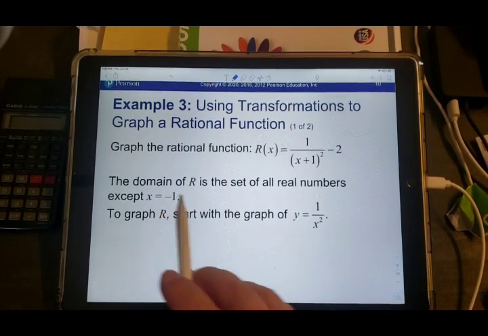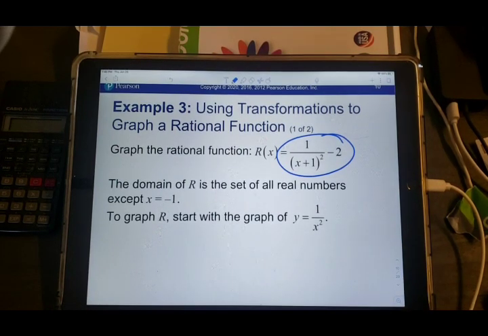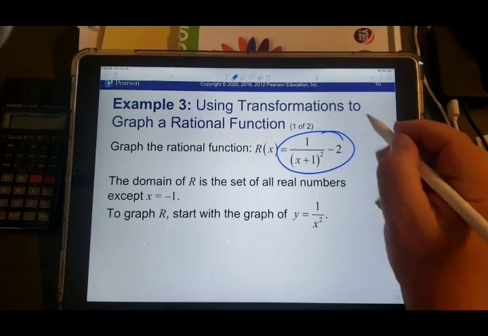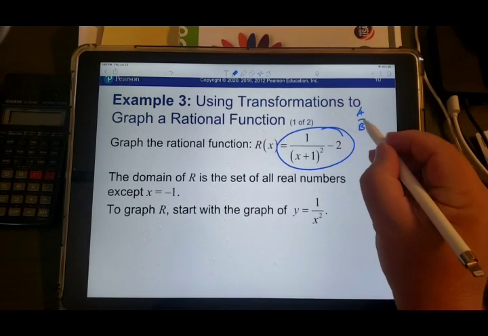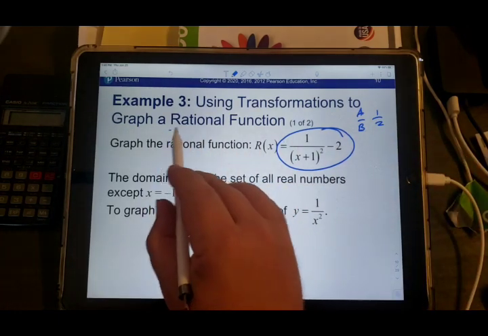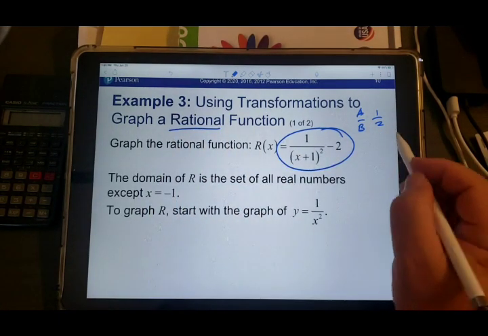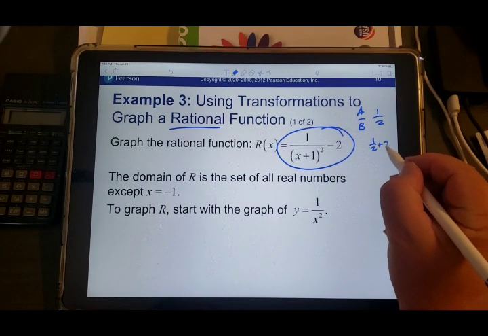All right, so this is a good question. Is this a rational function? Well, what if I told you rational numbers are in the form a over b? Right? Well, 1 over 2 is a rational number. But how about 1 over 2 plus 7?